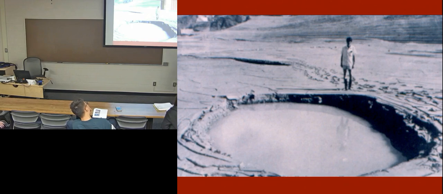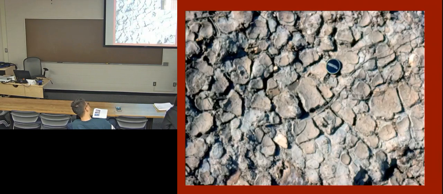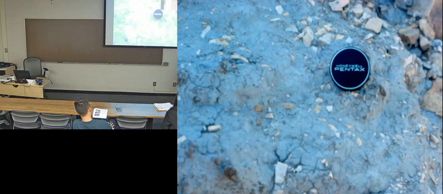And this cake, when it dried out, looked like this. That's a 50 millimeter lens cap there, about 2 inches. And you can see the pattern of the shrinkage of the silt particles, which are essentially rock flour from the glaciers, from the river.